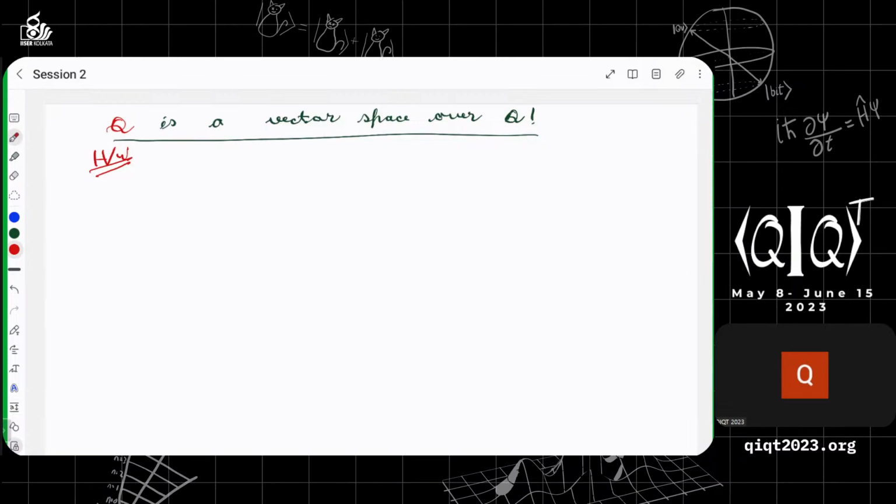Before I move on to basis vectors, I would just like to mention that last day we talked about inner products, and just like a vector space has a certain list of rules, inner products also follow certain rules.